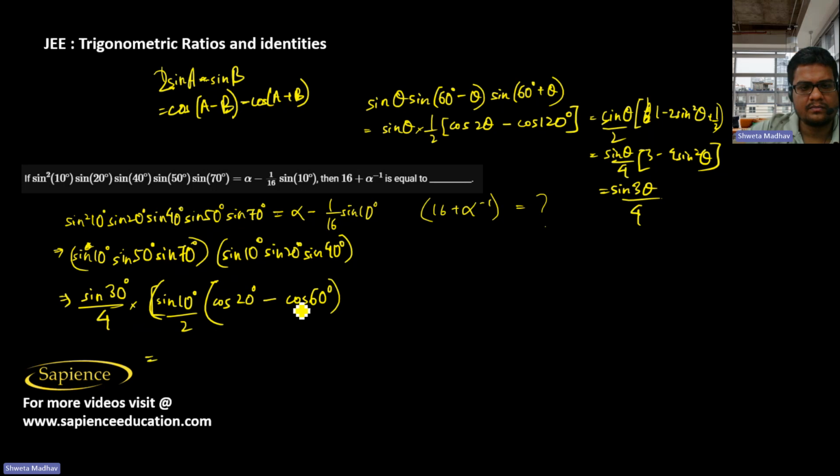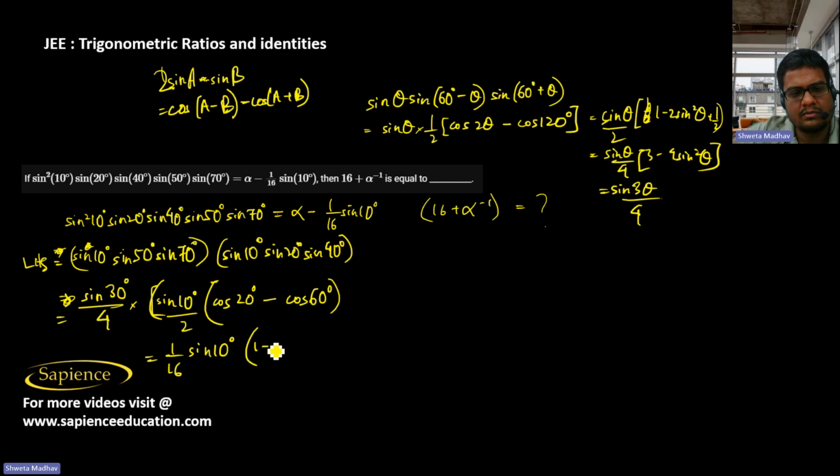So this is the left hand side we are solving. Sine 30 is half, so it is 1 by 8 into 1 by 16, into sine 10 degree into cos 20.